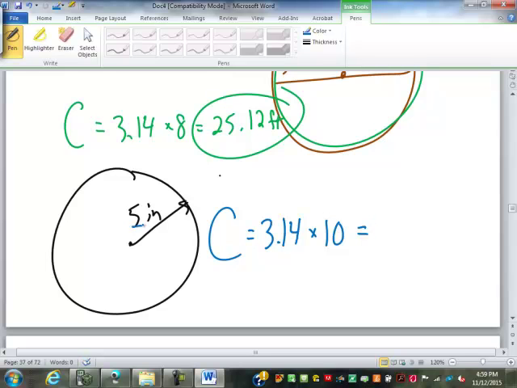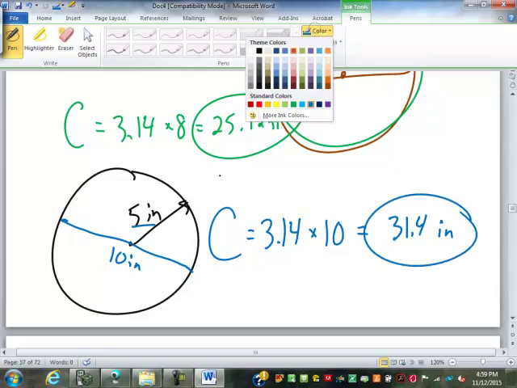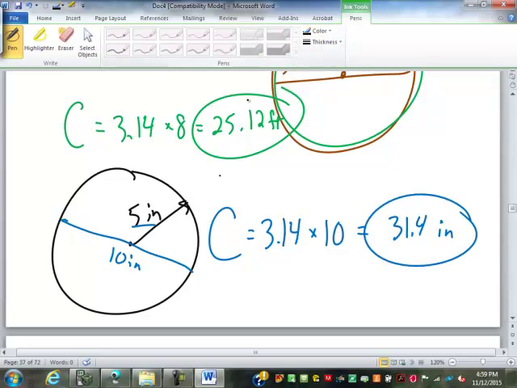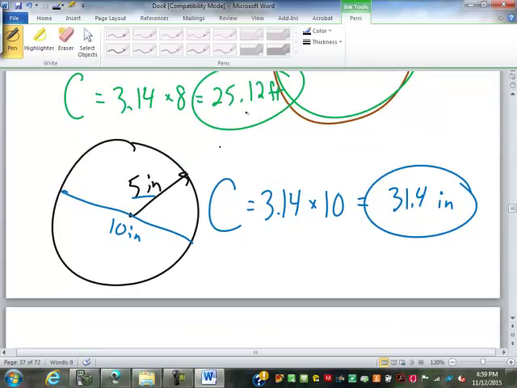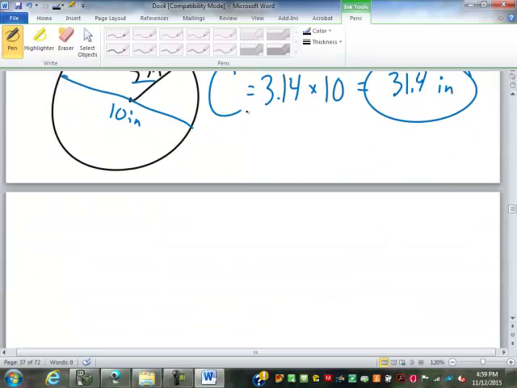Because the 5 is the radius. Circumference is pi times diameter, which would be pi times 10. So 31.4 inches. I had to keep you on your toes.